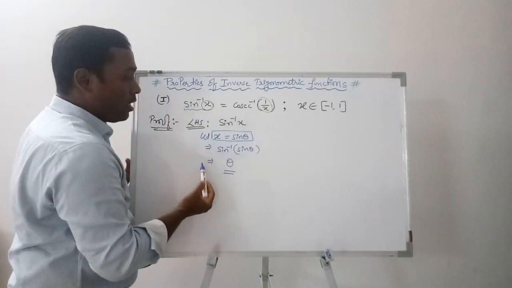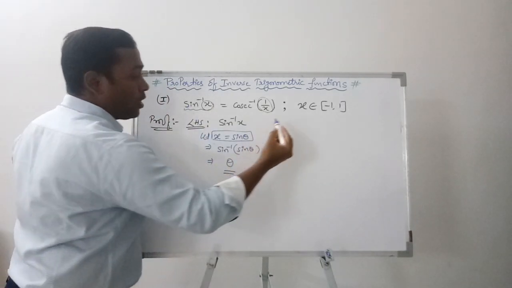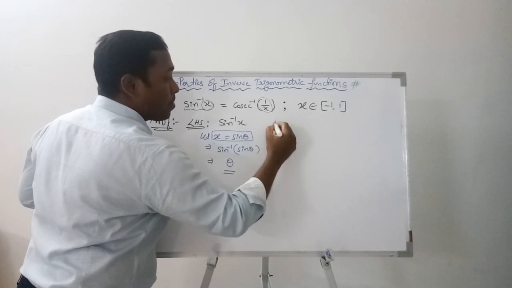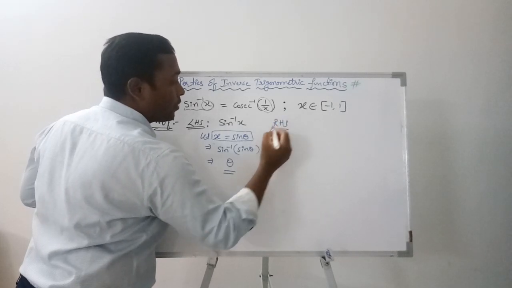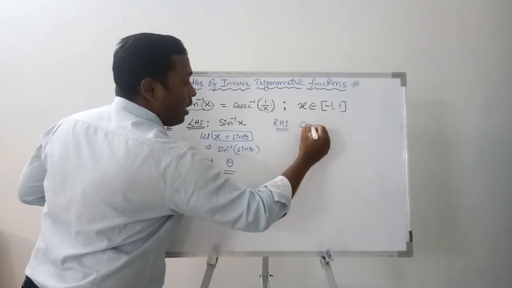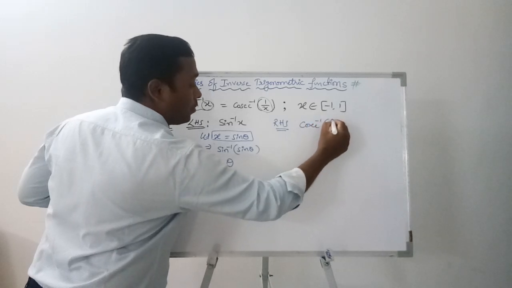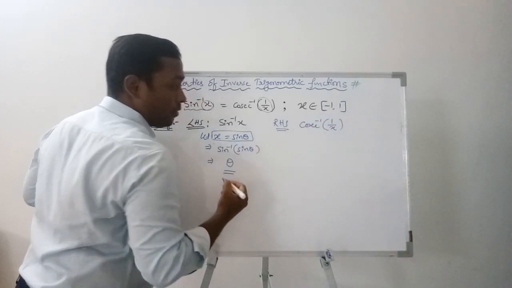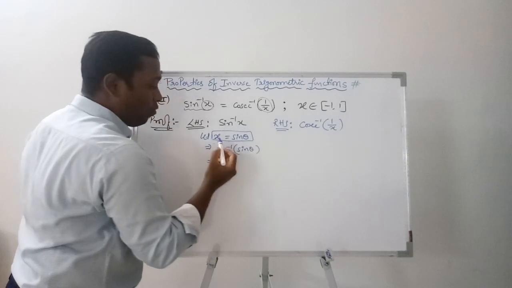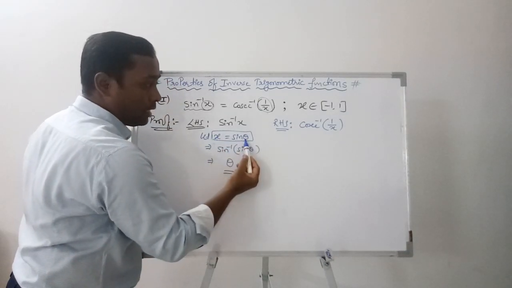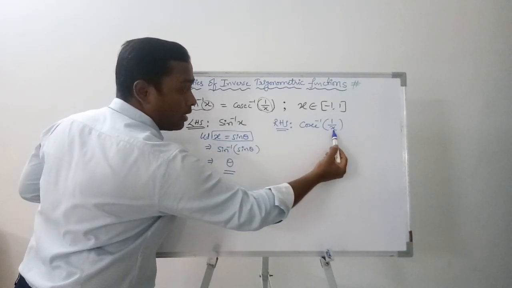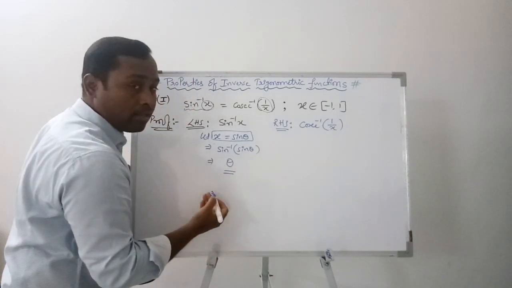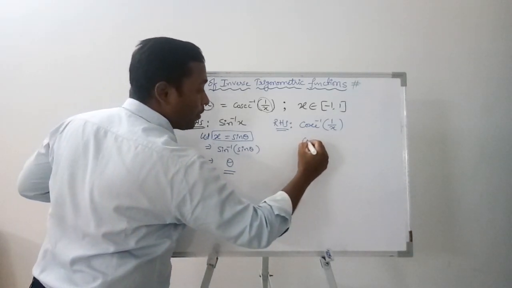So this is the left hand portion, and what is the right hand portion here? RHS. Now see, we have cosec inverse of 1 by x. In the same manner, we assumed x equal to sin theta, then substitute sin theta in the RHS part. Are we going to get the same result or not? So let's see.